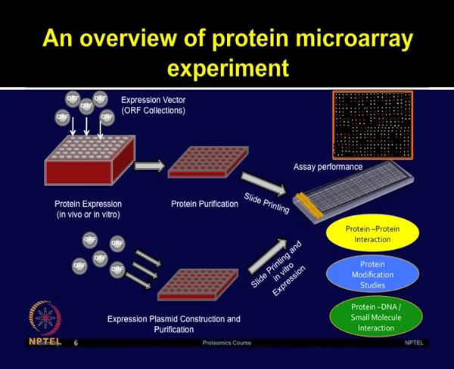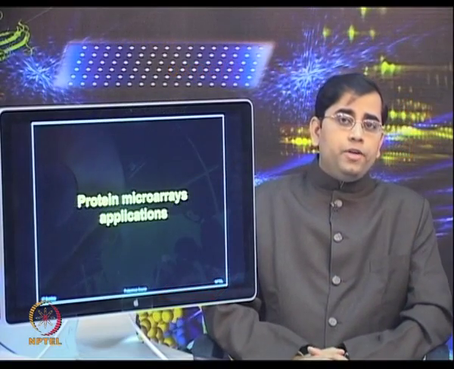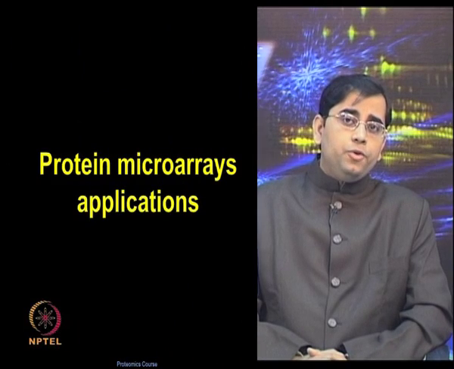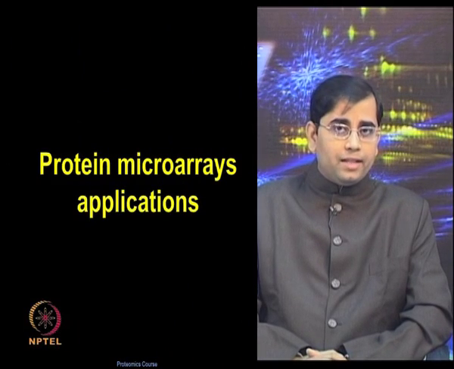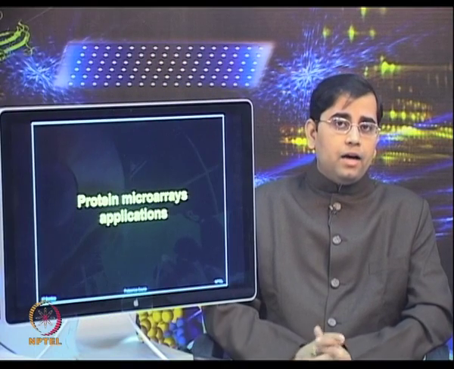Once you are assured that a good quality chip is ready, then various applications and biological questions can be probed on these chips. So, let me show you one video and give you an overview of this process of making protein microarrays, and how that experiment works.